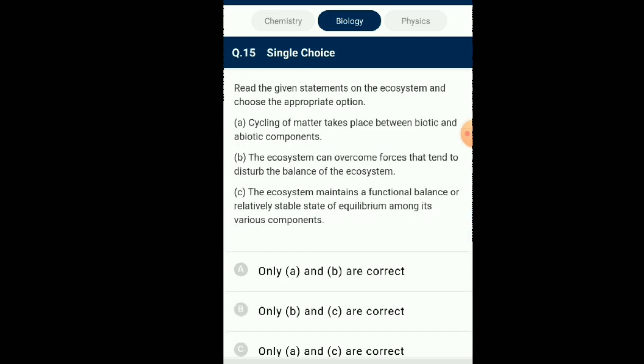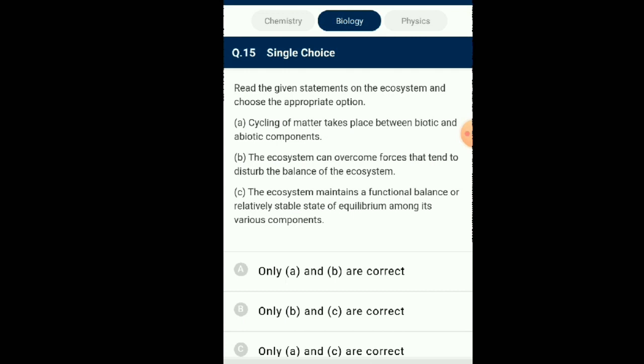Number 15. Read the given statements on the ecosystem and choose the appropriate option. Abiotic components, the non-living factors, are the physical environmental factors such as climatic, edaphic, or topographic factors prevailing in an ecosystem. Biotic components are all living organisms such as plants, animals, and microorganisms present in the environment.